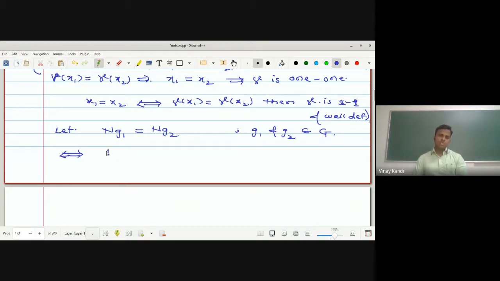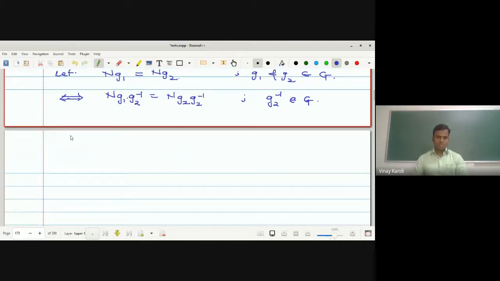This is G1 into G2 inverse. We get n G2 G2 inverse. Okay. Why? Because here the G2 inverse belongs to what? G. Okay.